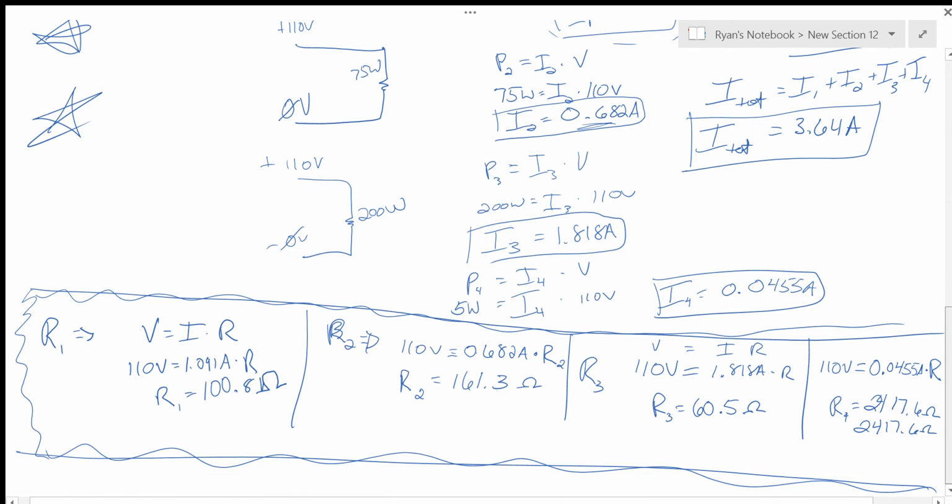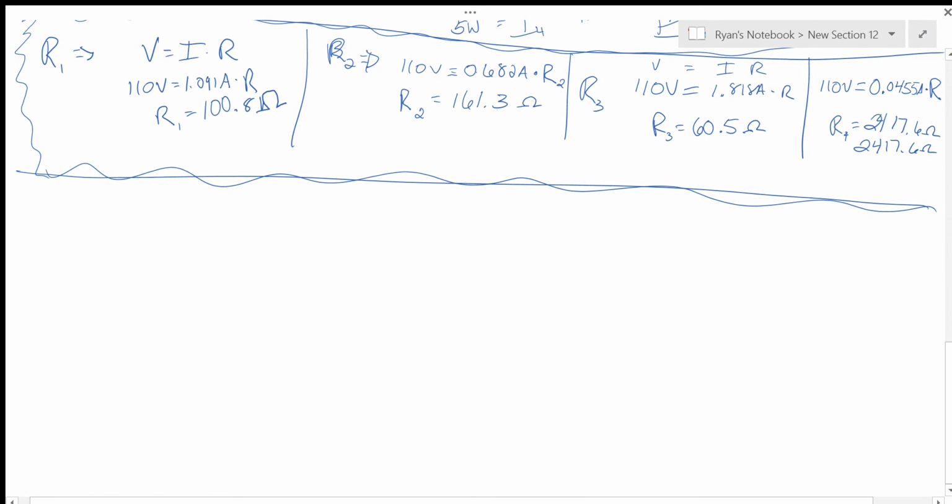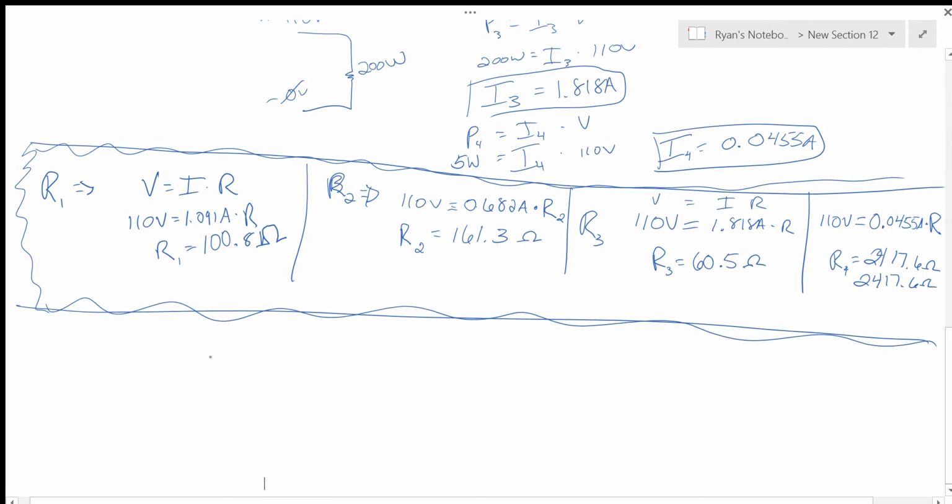So here's what we want to know: how much does WebAssign cost for the year? Well, you know that you use a total power of 400 watts, right? So that's your power. We're eventually looking for a dollar amount. How much does it cost?